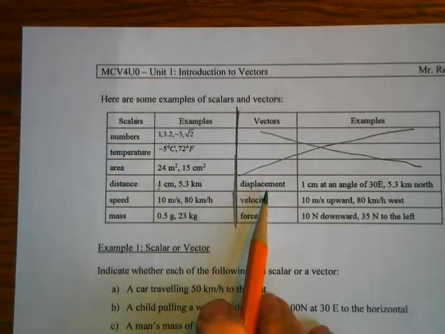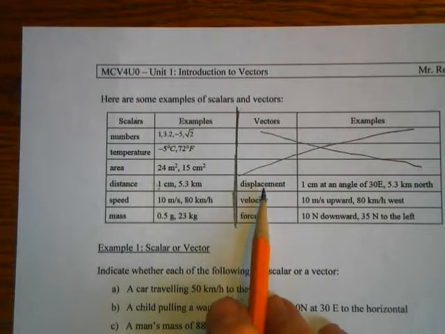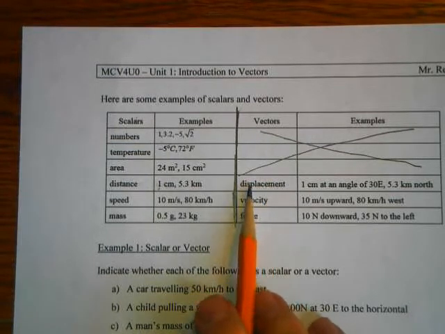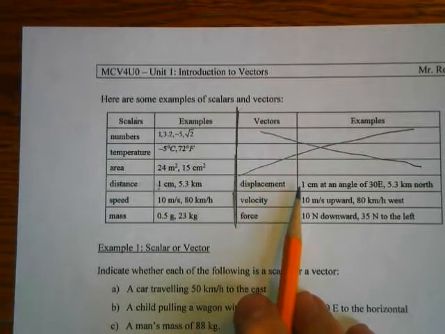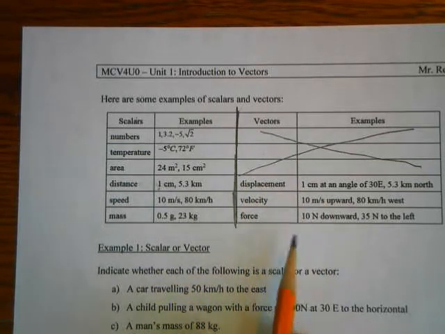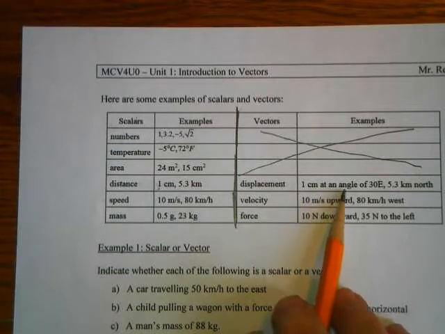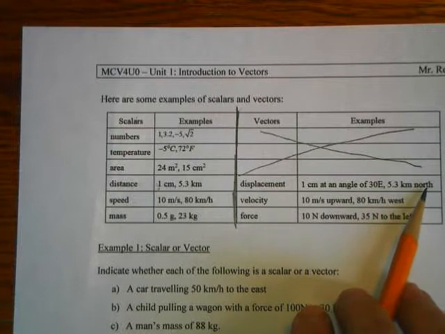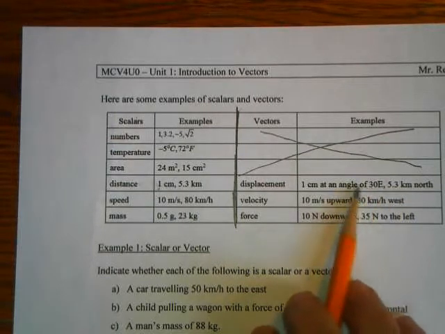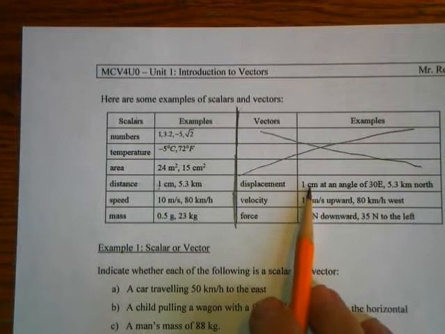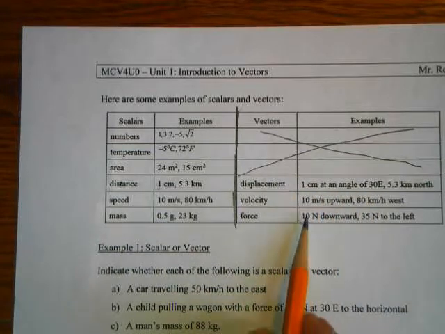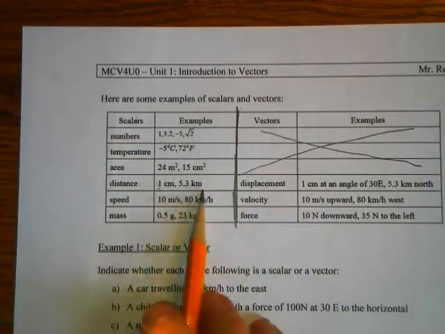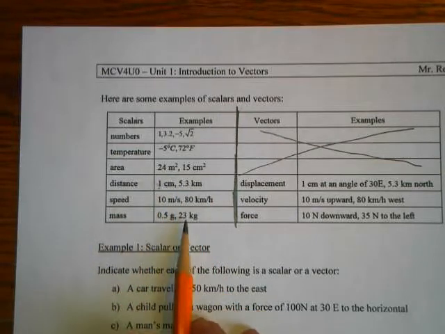The vector equivalent of a distance is normally called a displacement, and we'll be working with these a lot. An example of a displacement might be 1 centimeter at an angle of 30 degrees east, or 5.3 kilometers north. You can see both of these are giving a direction on top of the actual magnitude with units, whereas these distances don't have any type of direction implied there.